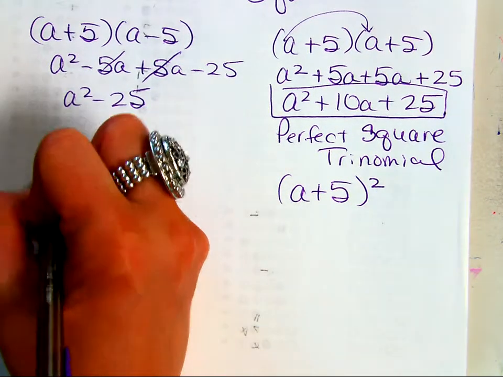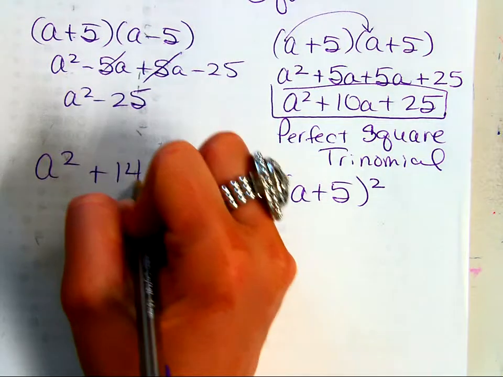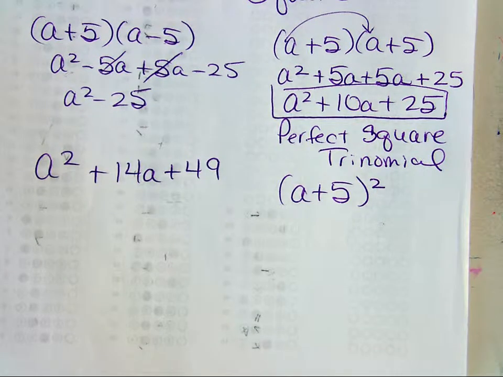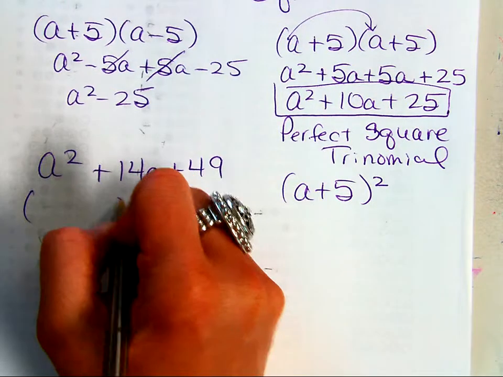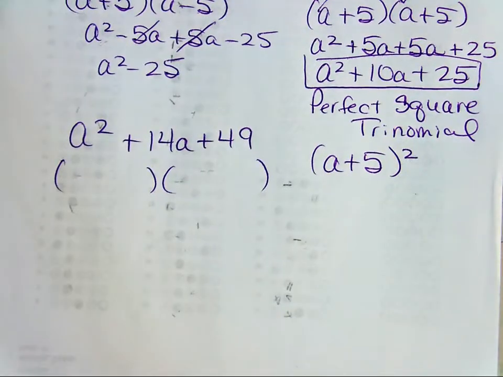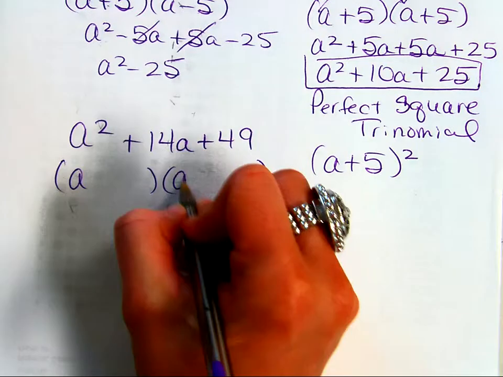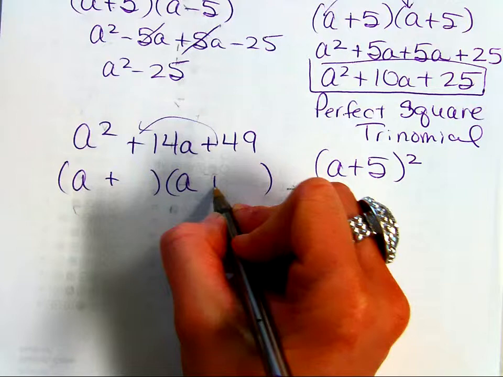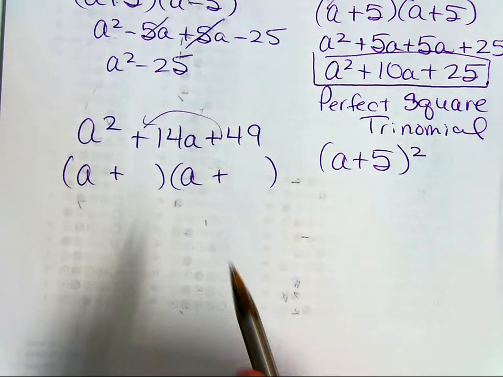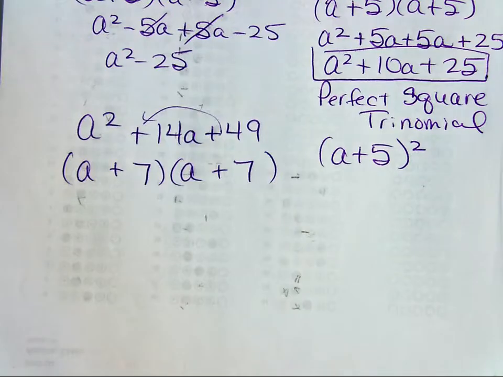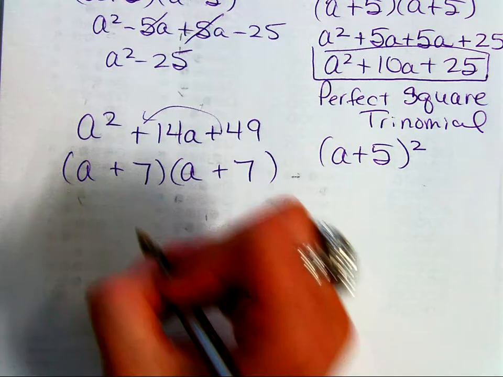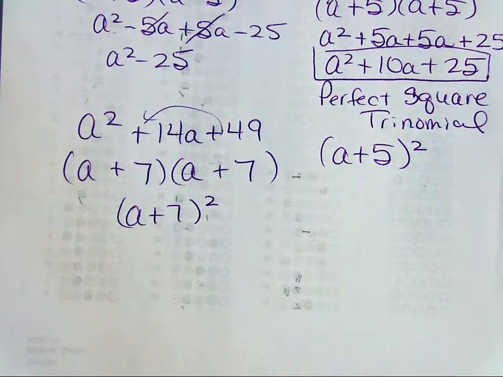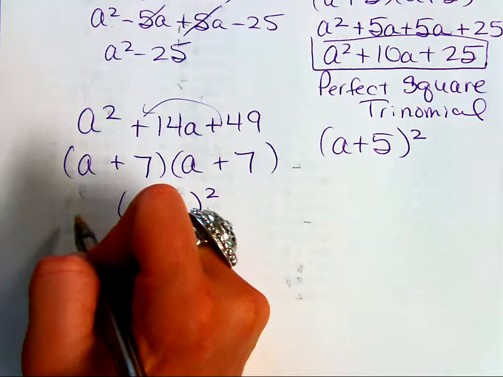So, for example, if I had a squared plus 14a plus 49, and you factored it, you started off like this, and you said a times a, positive with positive means both the same, and then you went, oh, hey, that's a perfect square, that's a perfect square, must be 7 and 7, right? So is this ringing a bell?